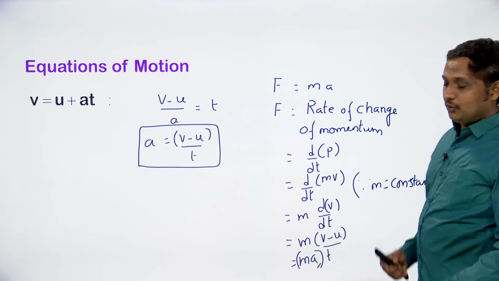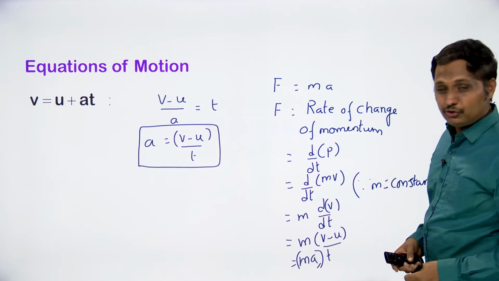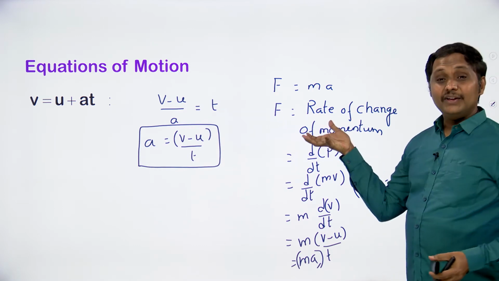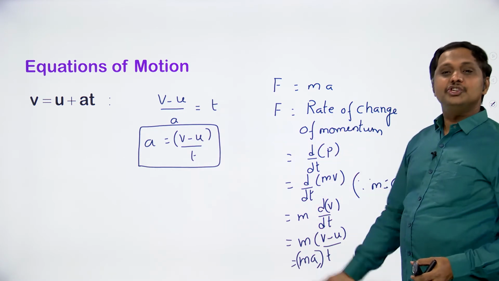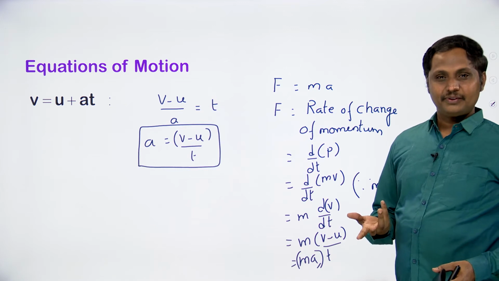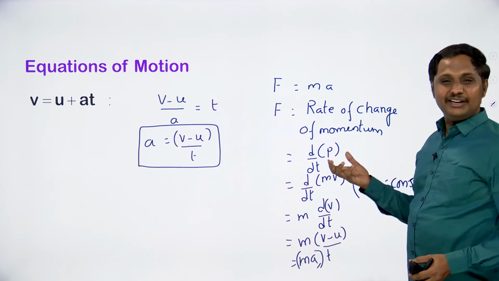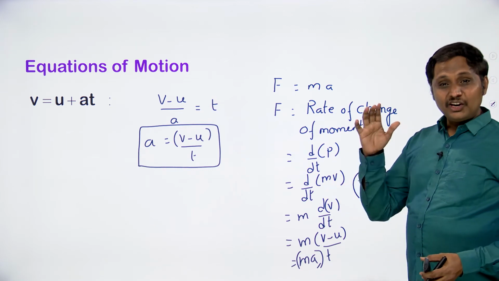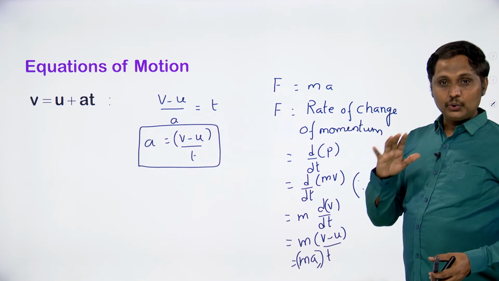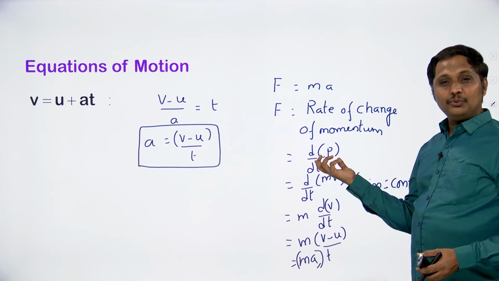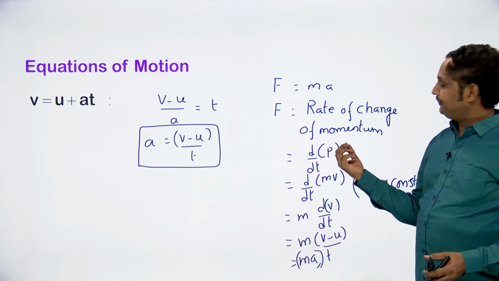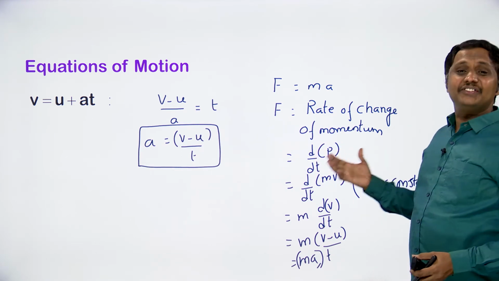Now, some application part which is going to be discussed: the external force acting on the body is equal to the rate of change of momentum. It is very clear. We would like to convey Newton's second law in another form. The external force acting on the body is equal to the rate of change of momentum, which is represented as d by dt of p.